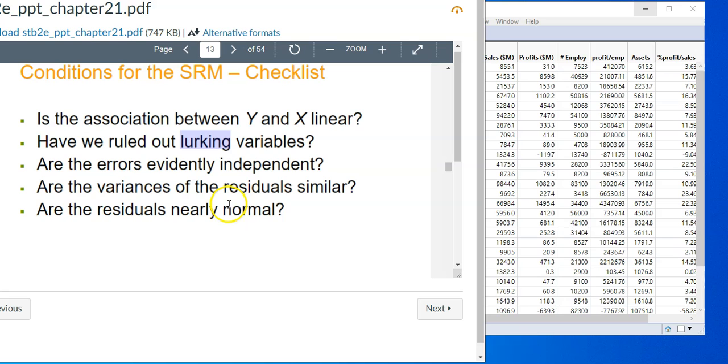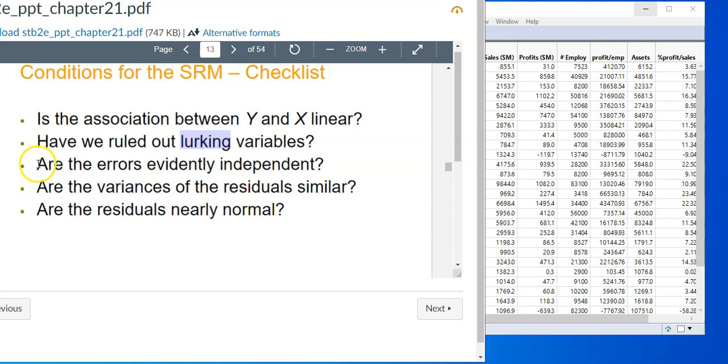I want to remind you that for this semester, I'm never asking you to find the lurking variable. We have case studies. You can read them from the book and understand them. But the example I just told you, I think, is the best example to remember what a lurking variable is.